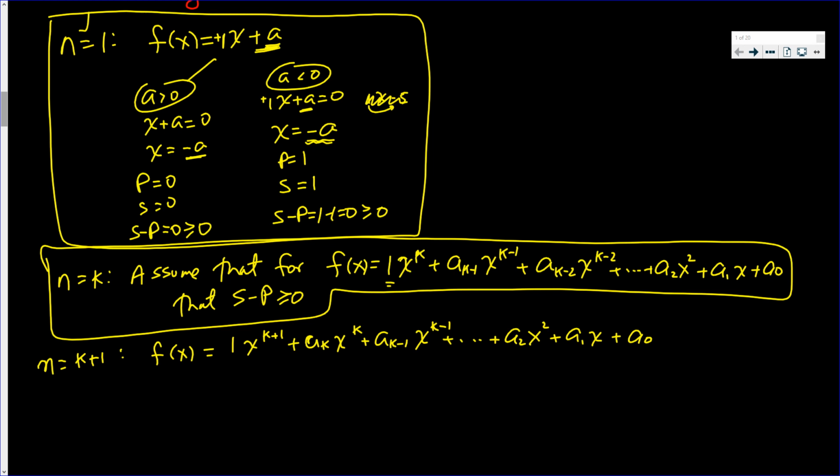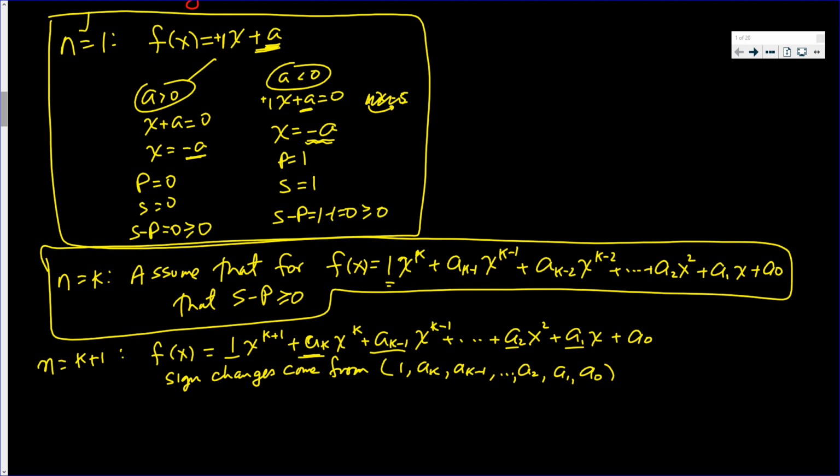Now, where do the sign changes come from? Sign changes, they come from this list of numbers in this order. 1, a sub k, a sub k minus 1, all the way down to a sub 2, a sub 1, and a sub 0.